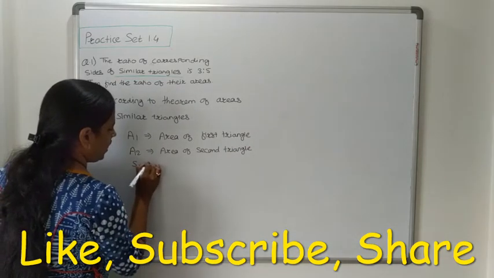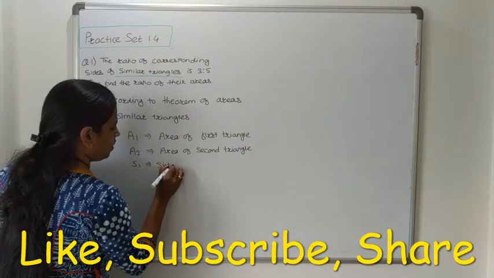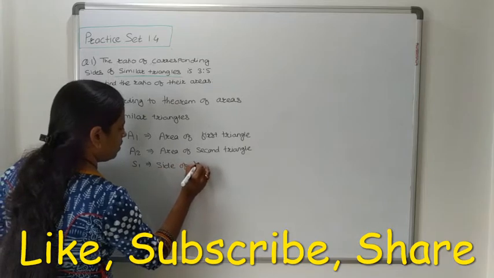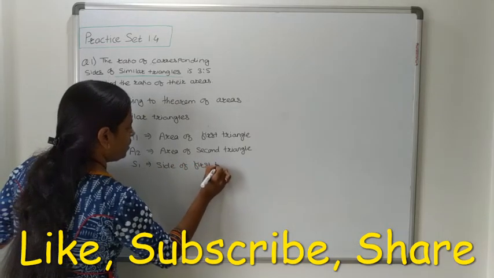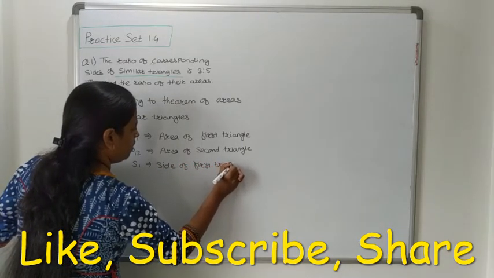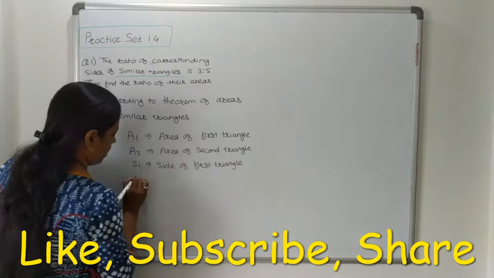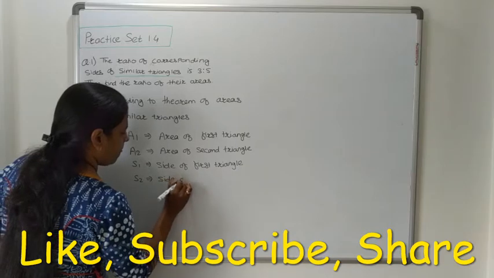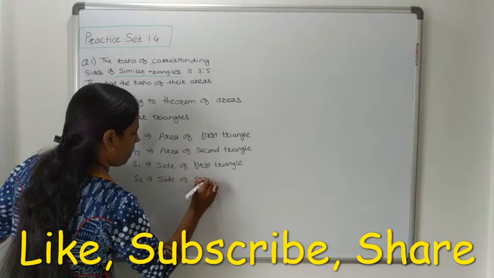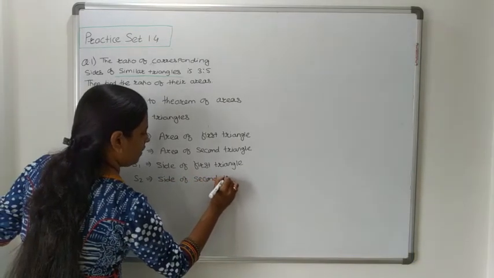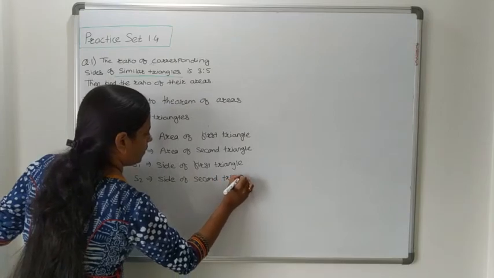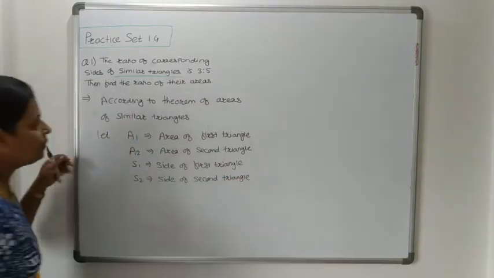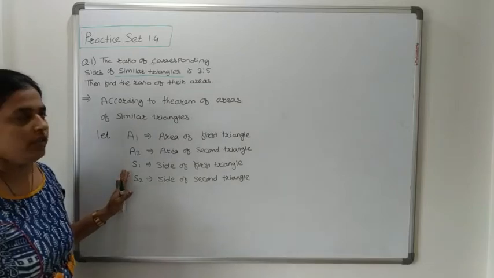And S1 is the side of the first triangle, and S2 is the side of the second triangle. So we have to consider here areas and their corresponding sides.